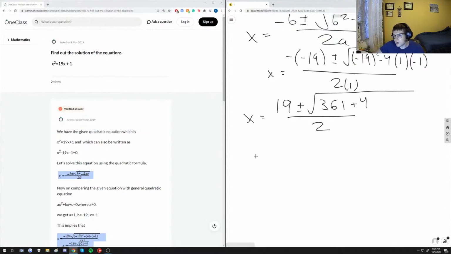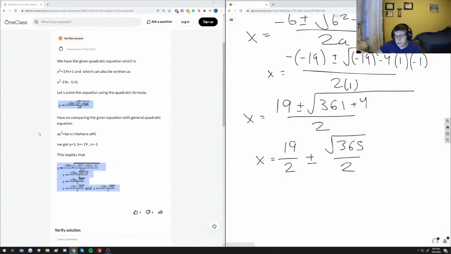And then we can just divide out the 2 on both sides, so we get 19 over 2 plus or minus the square root of 365 over 2. And I don't know if the square root can be simplified further, but I will just leave it as is.